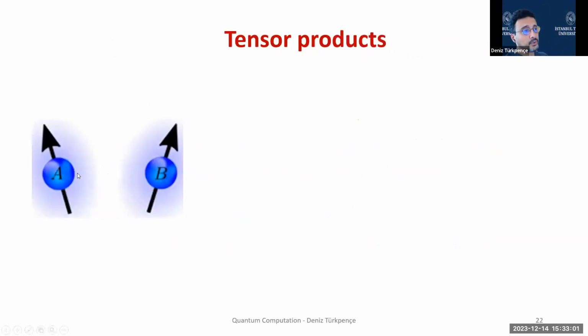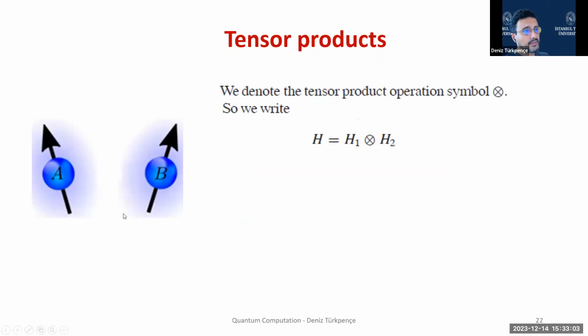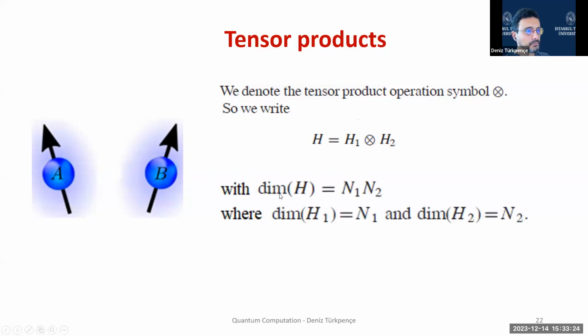It has different multiplication properties, and we will talk about that. If we have a two-qubit quantum system, we denote the tensor product operation by this symbol, and we write the whole system Hamiltonian, for example, as H1 tensor product H2. H1 and H2 correspond to the individual Hamiltonians of the system. So what about the dimensions? We know that if you are multiplying two matrices, the dimensions should obey some rules.